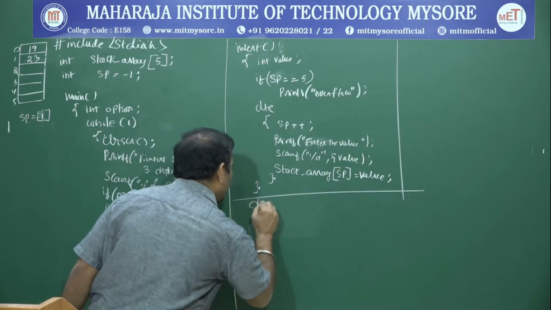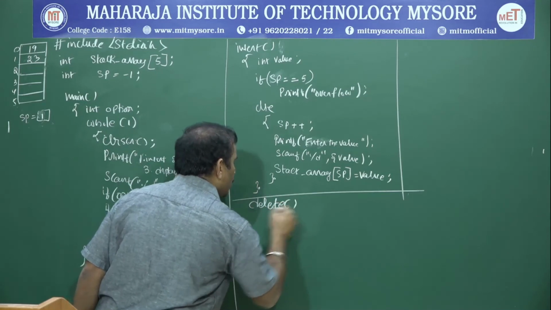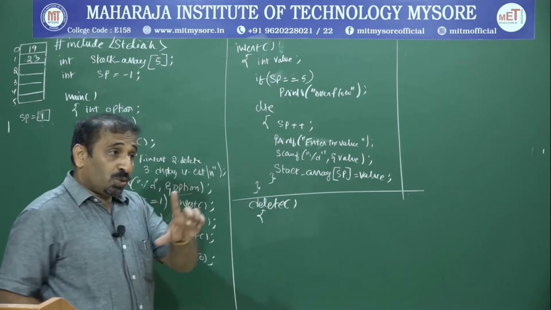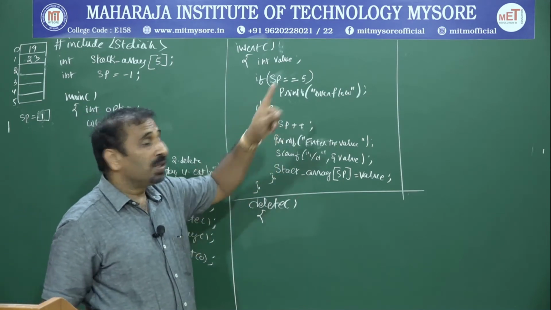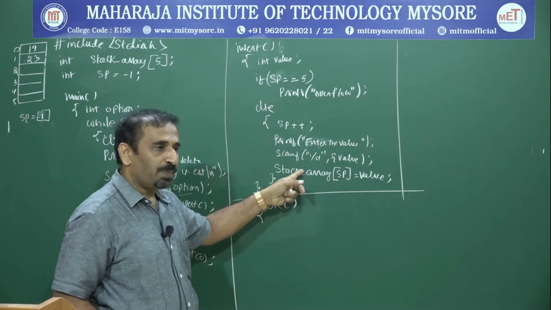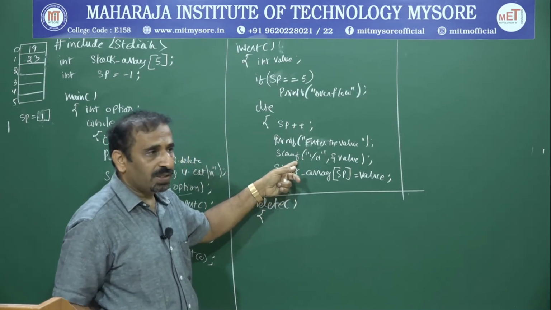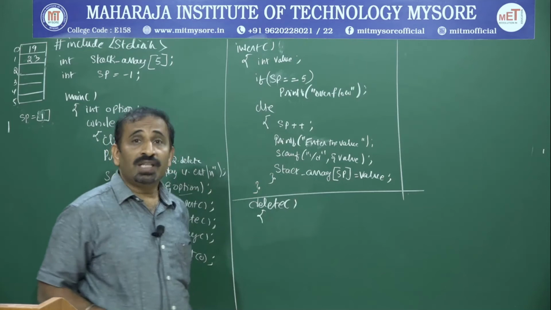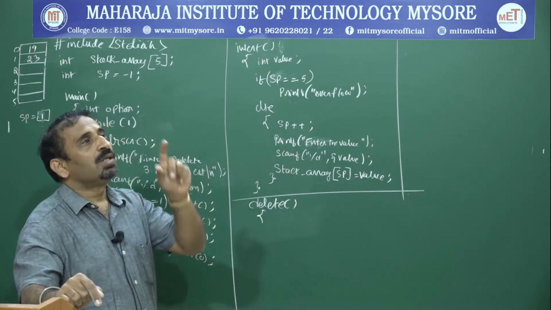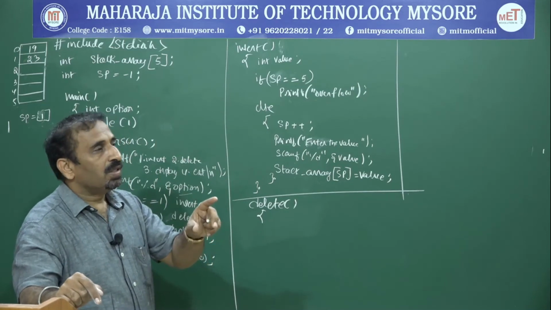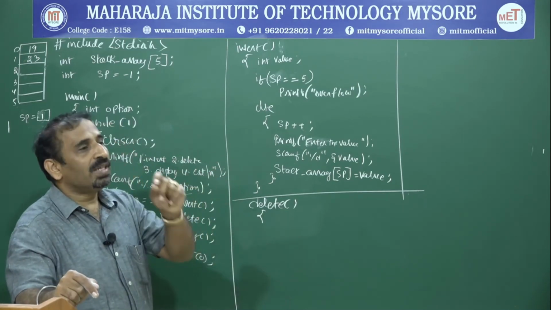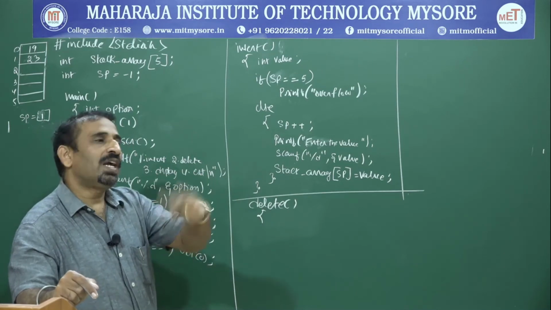So first let me write this delete function. Delete, 2 steps. Insertion, 3 steps: overflow, increment, then insert the value. Deletion: first check for underflow. If underflow is not there, then you do the decrementation of stack pointer and display it.